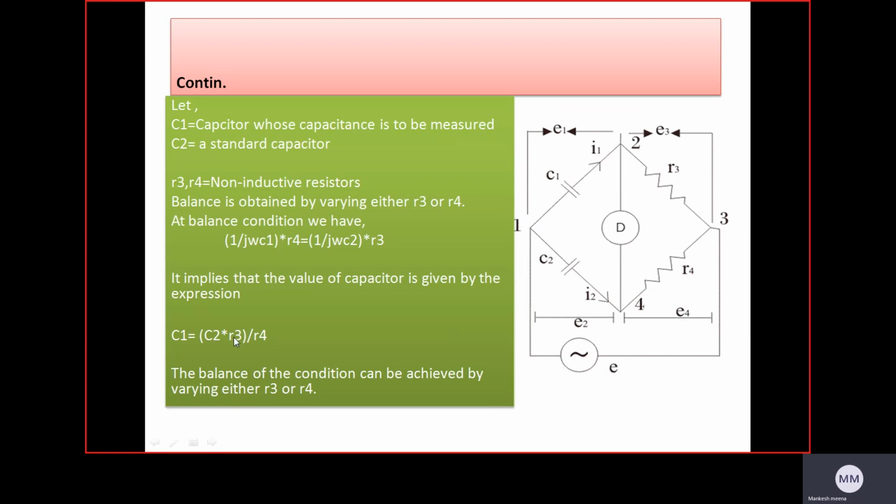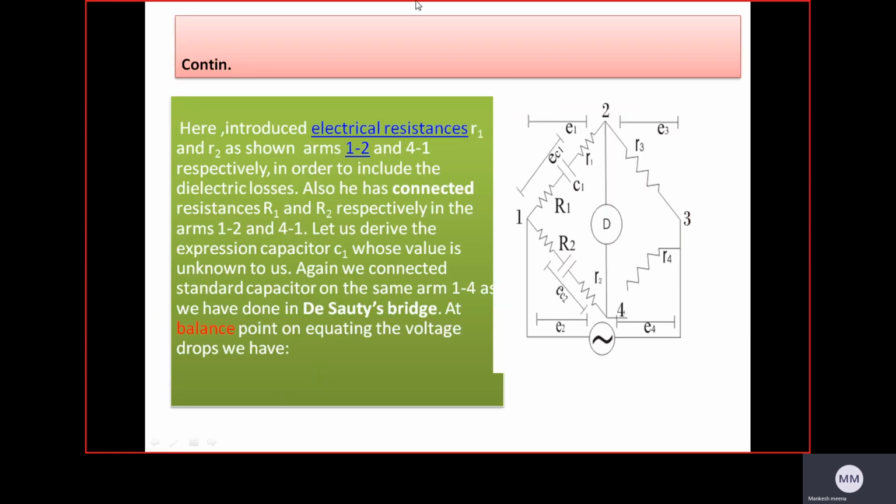The balance condition can be achieved by varying either R3 or R4, when we want to calculate the unknown capacitance of capacitor C1.